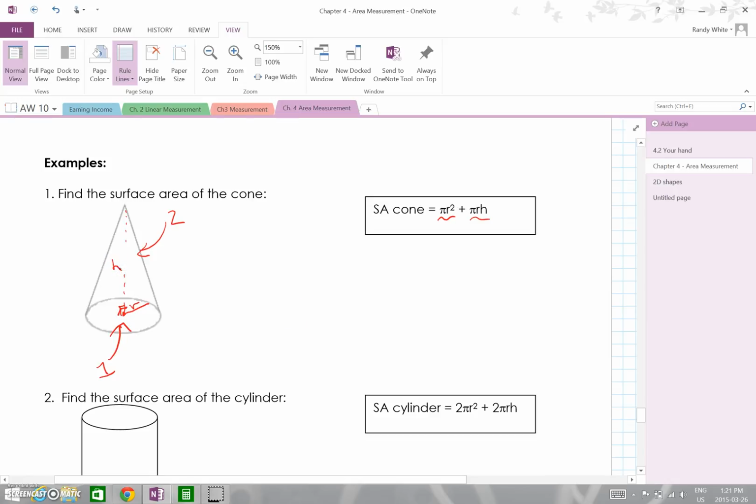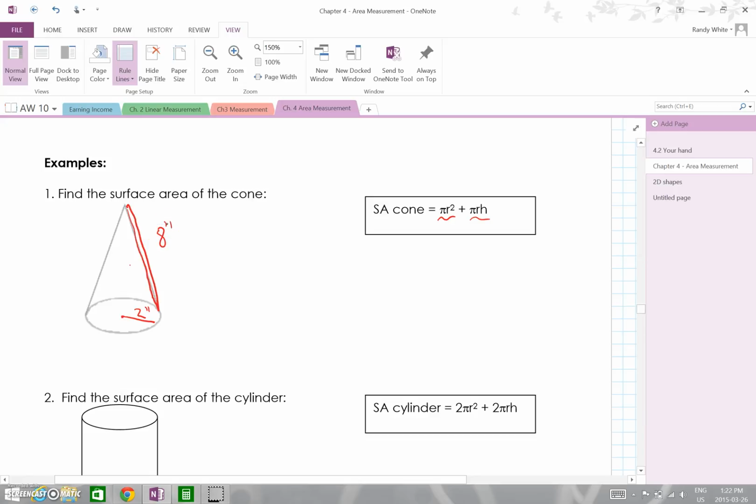So let's say we have a cone just like this one. And let's say the radius is 2 inches. And then the slant height, actually that's what we want, is the S, should be S not R. The slant height is this part right here, is 8 inches.